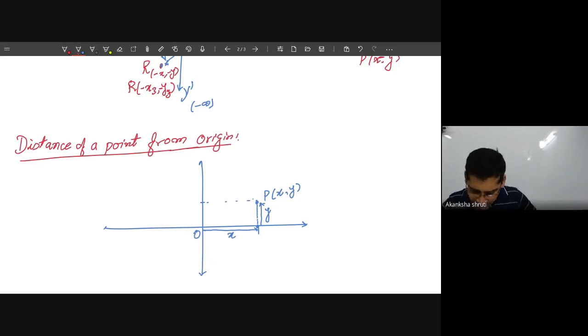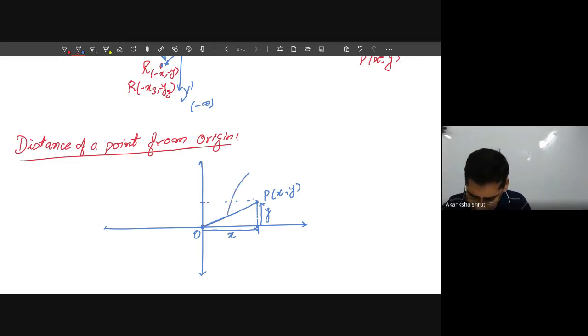The distance from origin means what? This is the starting point O and this is the point P. Distance means looking straight, directly from the origin toward this point. Say you are standing at this origin, okay? At the origin you are standing and you are directly looking toward that particular point. Then along your line of sight, the straight line, how much is the length of the line segment to the point P, this one.